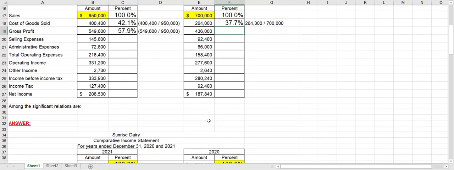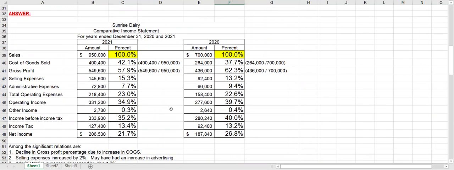Okay, I'm going to show you the completed one. The answer is here below. But again, I just took each one of these numbers and divided it by 950,000 to get the percentage. So for example, selling expense was 145,600 divided by 950,000 and gave me 15.3%. And again, for the previous year, everything was divided by 700,000.